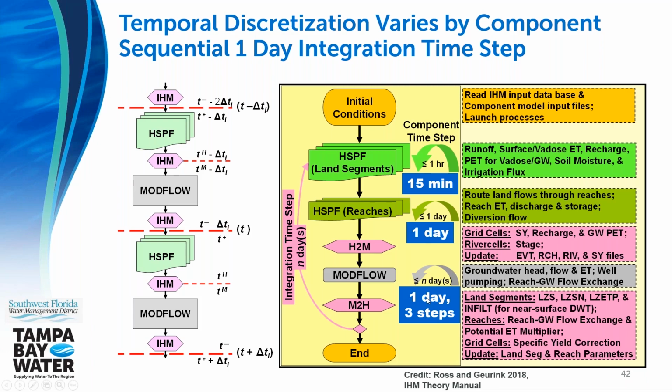And MODFLOW over 1-day periods breaks up time into 3 logarithmic steps. We see that HSPF runs first, followed then by integration by IHM, then MODFLOW, then integration by IHM. We move back to the top to start the integration step over again. In the INTB model, this loop is 1 day long.